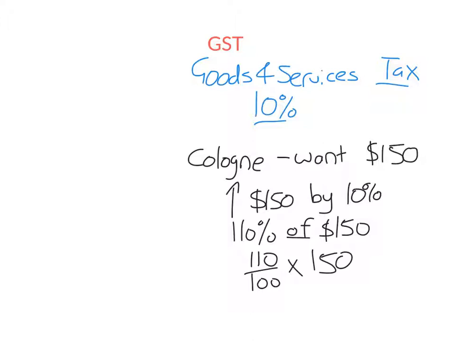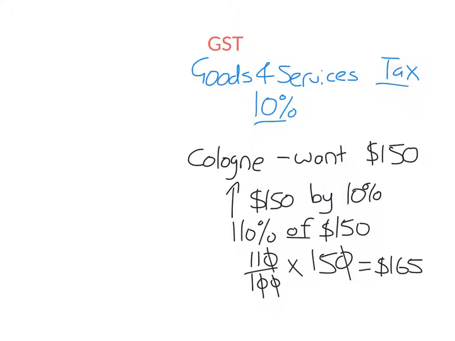So 110% is just 110 over 100. I can use a calculator, or I can use my head again. I can divide top and bottom by 10, and I can do that again. I'm left with 11 times 15, which is $165.